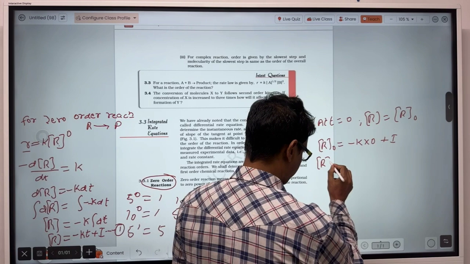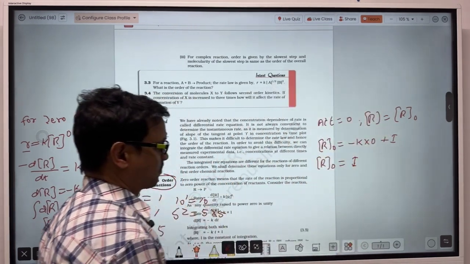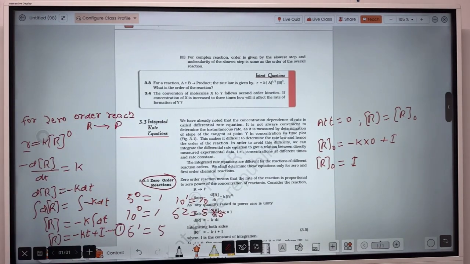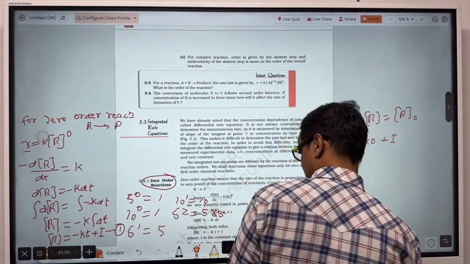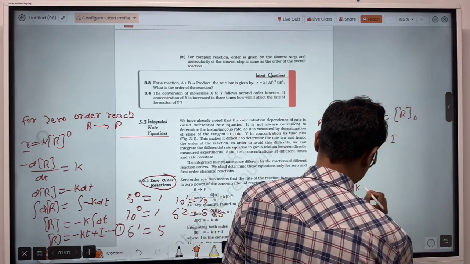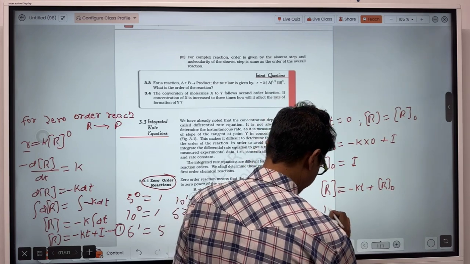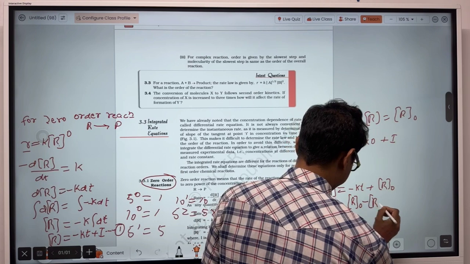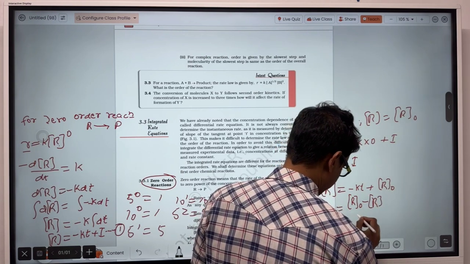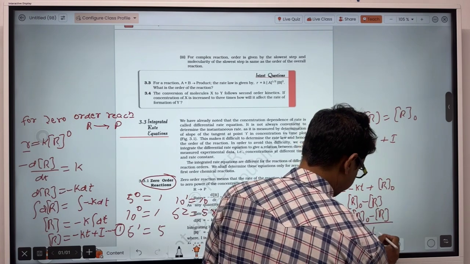So R naught equals the constant of integration. Our main purpose is to find the constant of integration. Now put this value in equation 1. So the concentration of reactant R will equal minus kt plus R naught. So kt will be equal to R naught minus R, and k will be equal to R naught minus R by t.